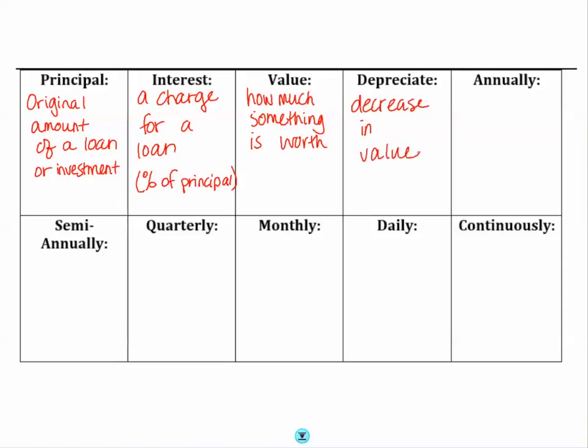Now, the next few words, you probably know what they mean, but not necessarily in this context. Annually means once a year. Semi-annually is twice a year.